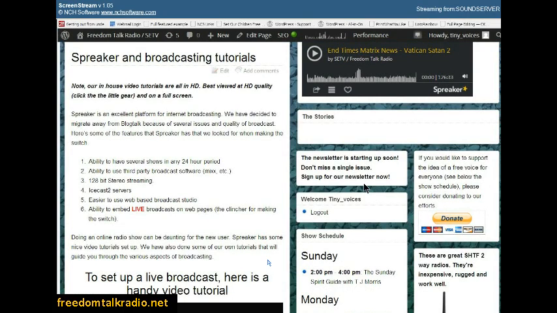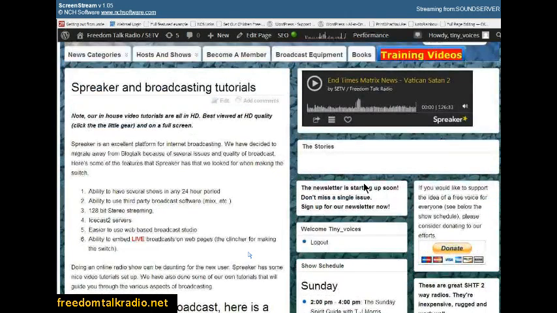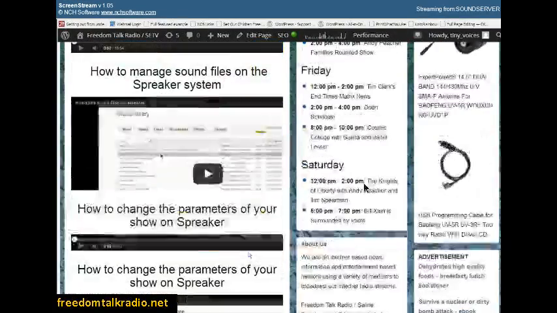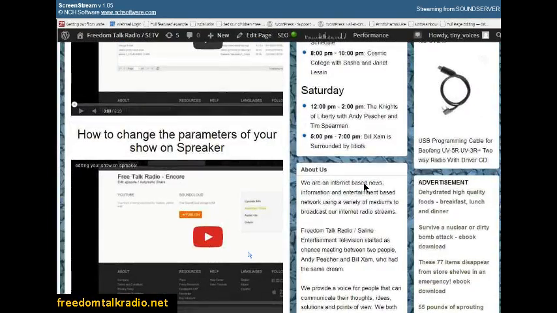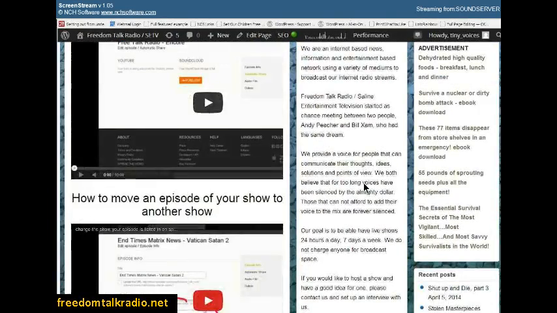The title of the page that I'm talking about is called Spreaker and Broadcasting Tutorials. It basically shows you how to operate the Spreaker system, which is what we use to do our broadcasts, as well as set up your computer for things like stereo mix, so that you can use Skype to get callers on the air and be able to play music and things like that so people can hear it over the air.